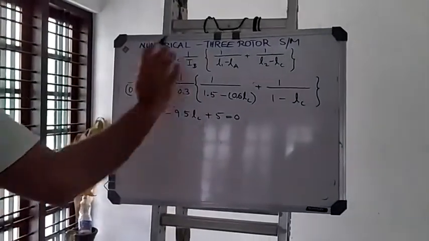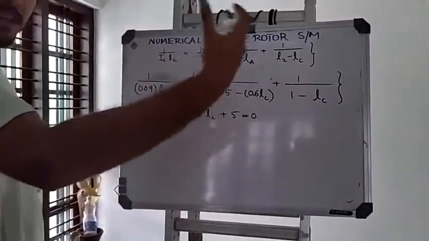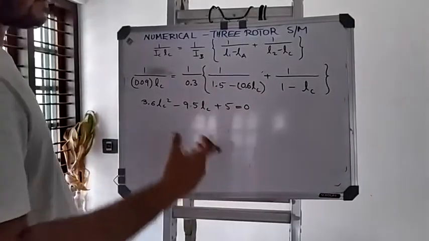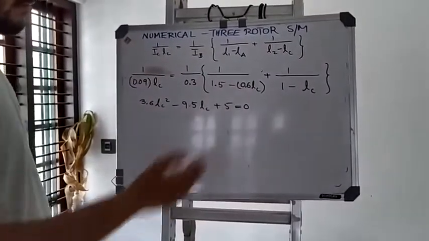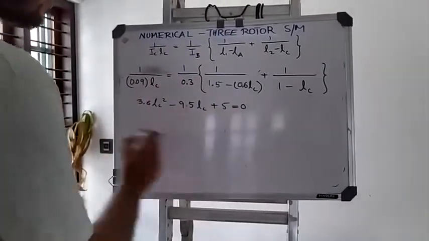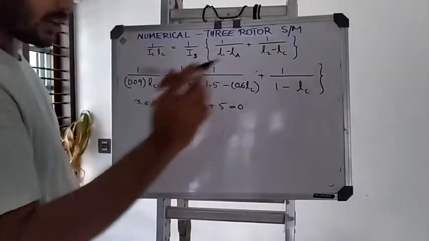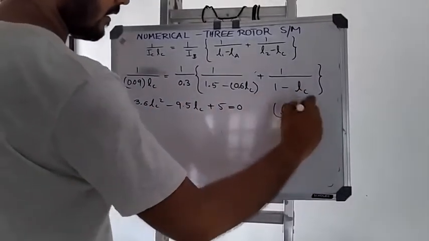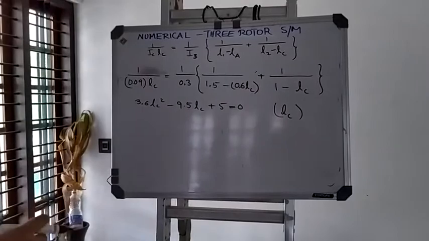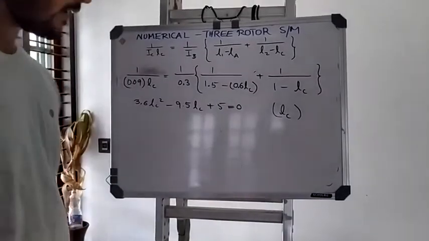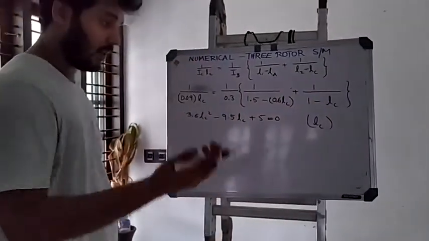See, you have to solve this one by opening the brackets and multiplying each term. Finally, you will arrive at such an equation. Now, this is a quadratic equation in terms of LC. Now, you can use your scientific calculator and solve the quadratic equation.